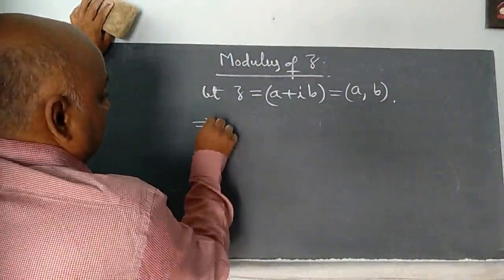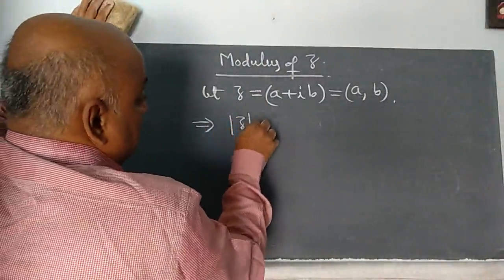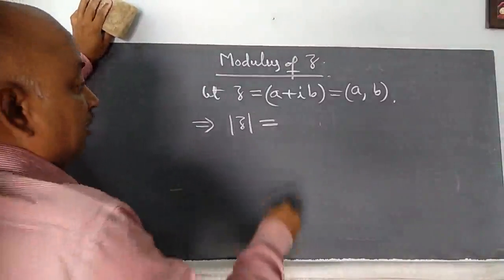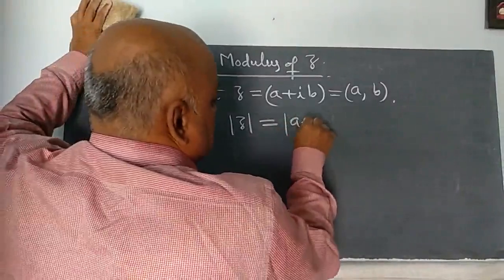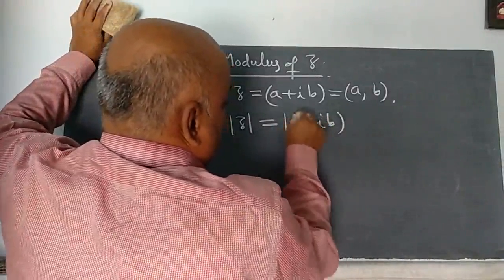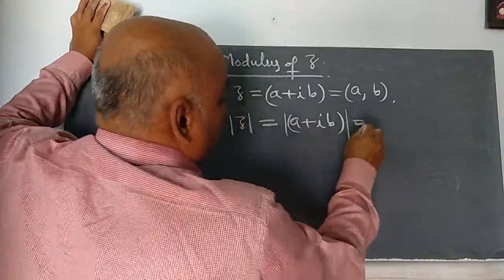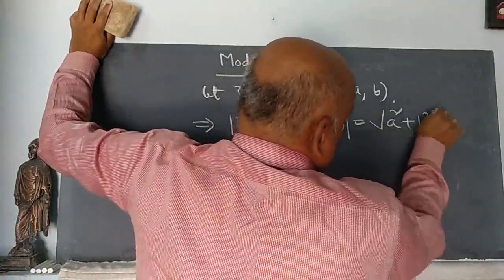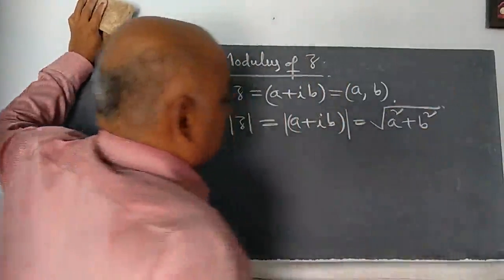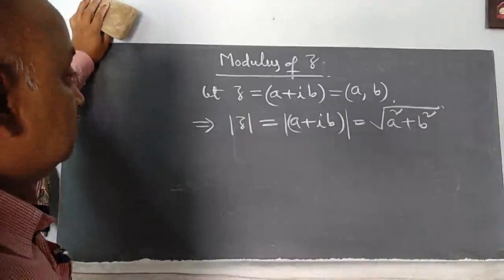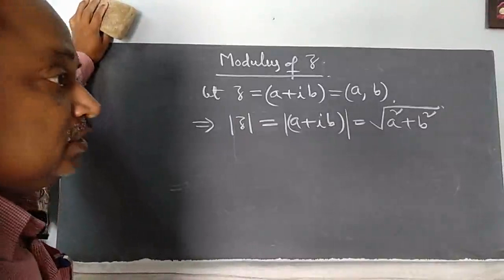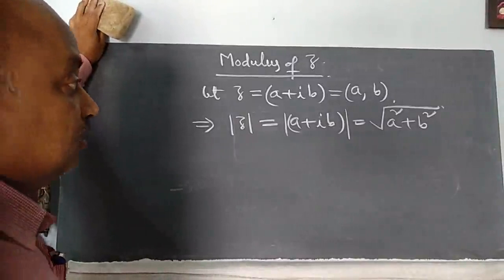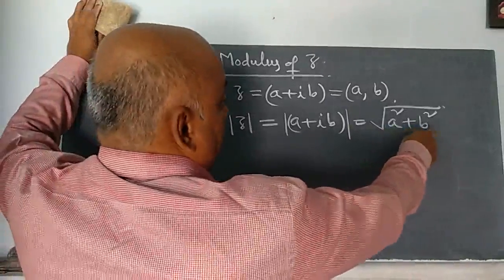Then modulus of z is defined as mod a plus ib, which is equal to square root of a square plus b square. So modulus is always a real number. Square root of a square plus b square.